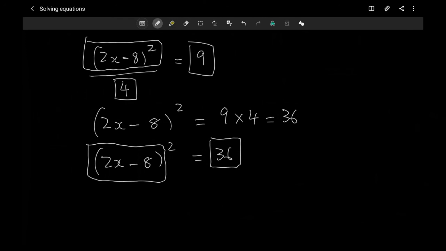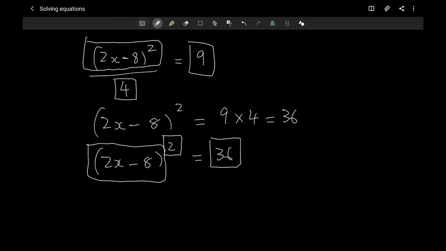And the last box, obviously, belongs to the square. Again, because the 2x minus 8 is within brackets, and all that is within its own box, there's nothing you can do about that.